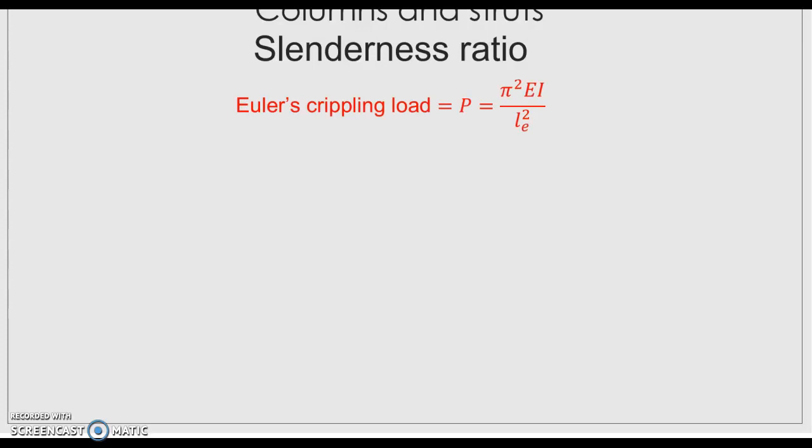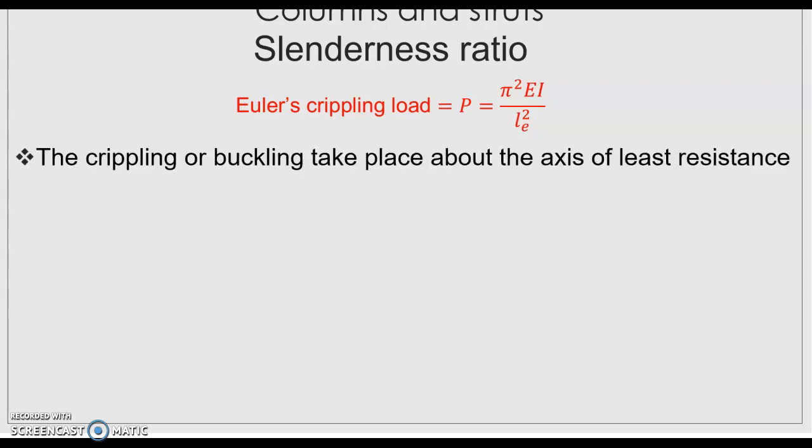Slenderness ratio. We know the crippling load P is equal to pi squared EI divided by LE squared. Crippling or buckling takes place about the axis of least resistance.